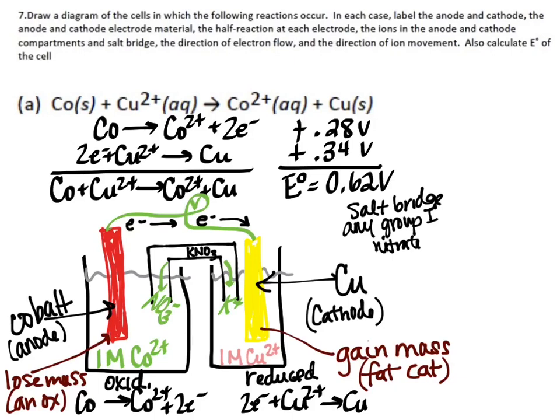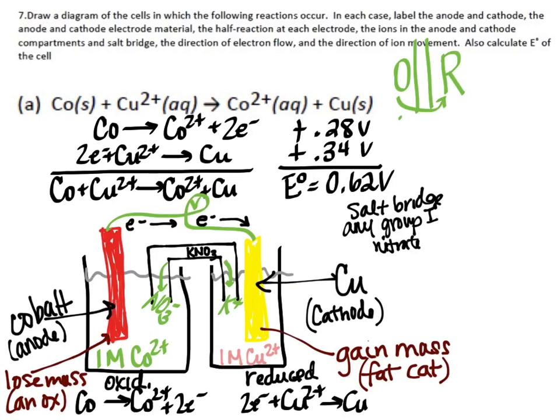Everybody good with that? Now, you need to know how to write the shorthand notation, instead of drawing all this out. So what we're going to do is put what's being oxidized, and separate it with 2 lines from what is being reduced. So you kind of say run to the OR, you're running from O to the R, operation room.